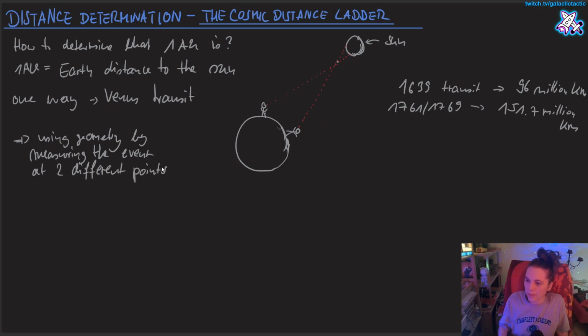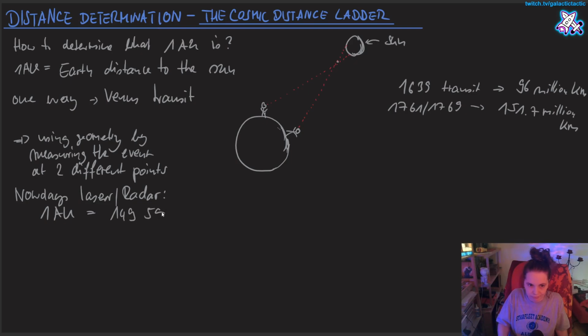What is the actual distance of 1 AU? I mean, nowadays we have lasers and radar, okay? So nowadays, with laser and radar, 1 AU equals precisely, I have written that down somewhere, hopefully, 149,597,870.7 kilometers.